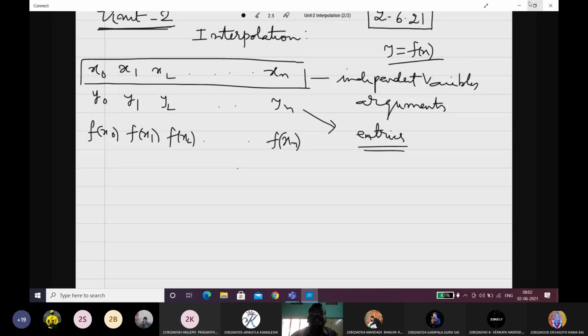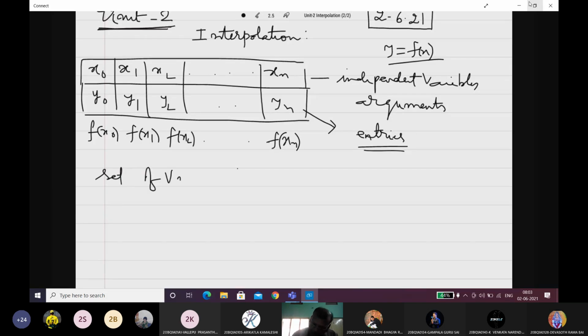Now the task is to find the function y is equal to f of x by taking the set of all these values, that is, the set of values satisfying the relation y is equal to f of x.